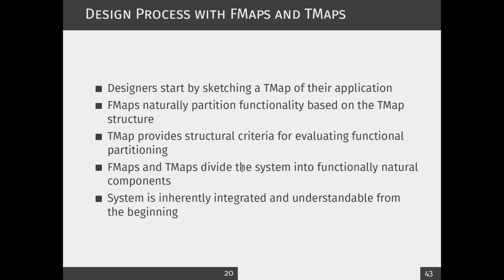Since you have some basis for this, it is inherently integrated and understandable from the very beginning, because you use a graphical representation of the whole system. You will also notice how the hierarchy is built, so that your functions also have children functions, which you can control from the top.